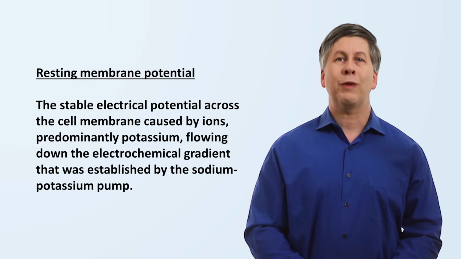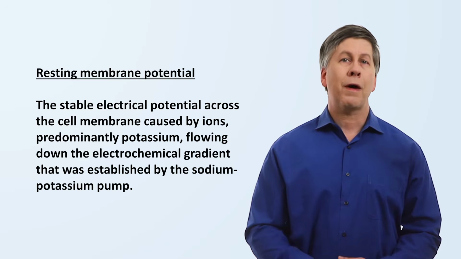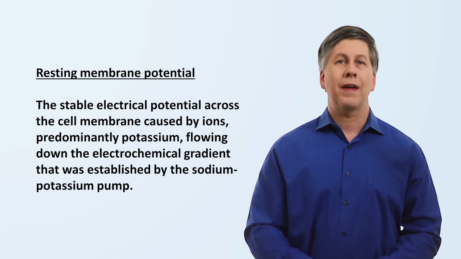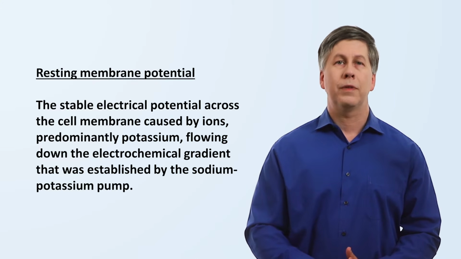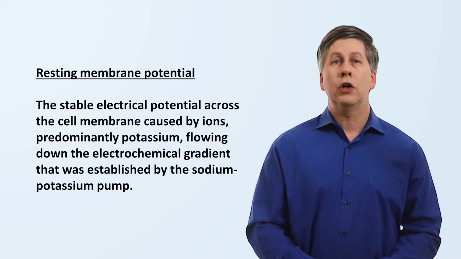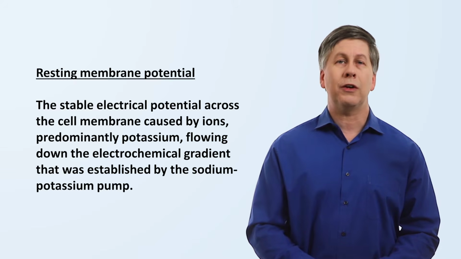The specific value of the resting membrane potential is determined by the relative conductances of ions and their relative concentrations inside versus outside the cell. Maintenance of the resting membrane potential requires the continuous expenditure of energy in the form of ATP.